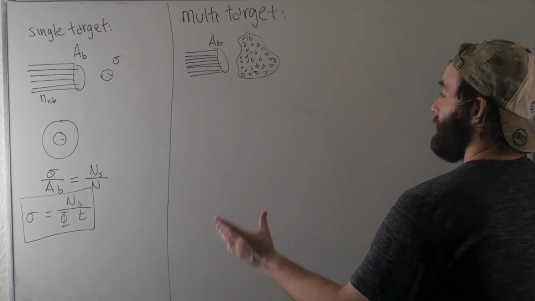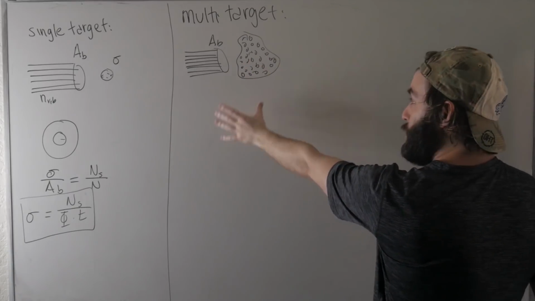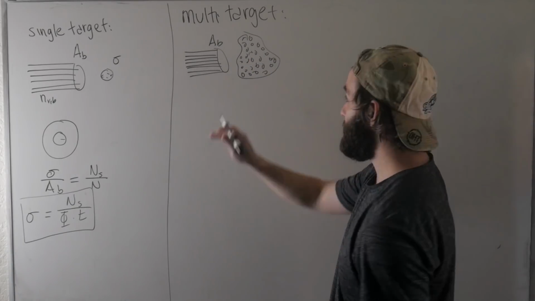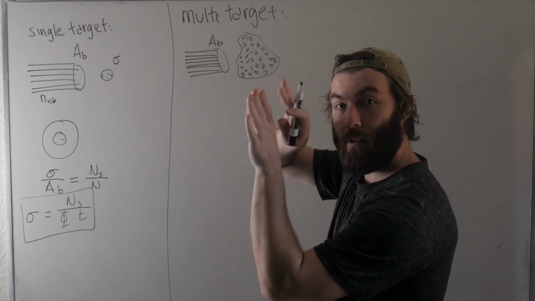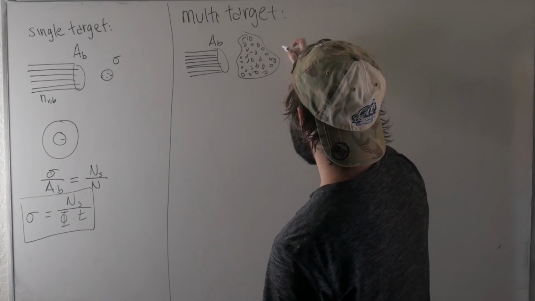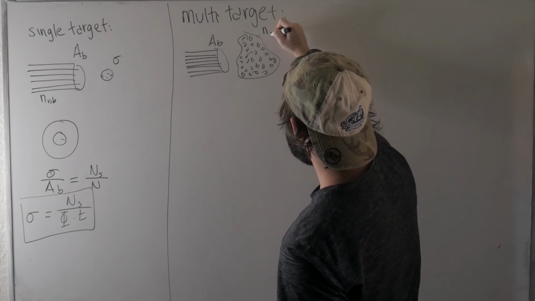All right, the first thing is that this is a sheet of targets, so it's going to have some number density that is a surface number density. It doesn't have any width or depth to it, it's just a sheet. So we're going to say that the number density is the number density of the targets.